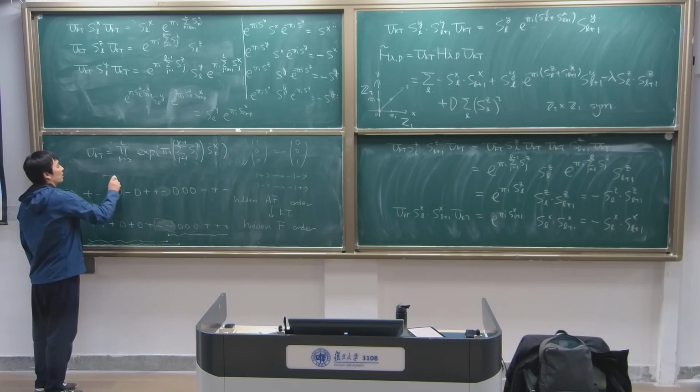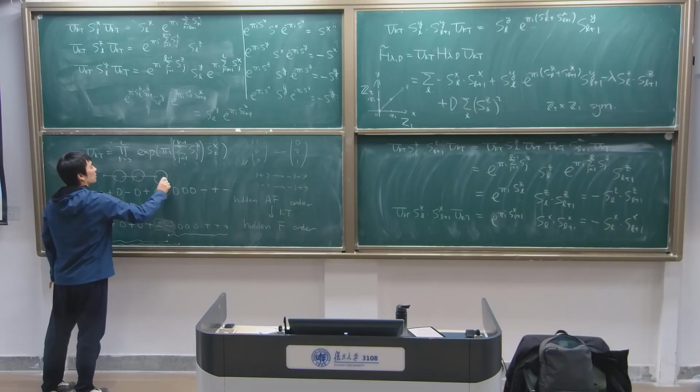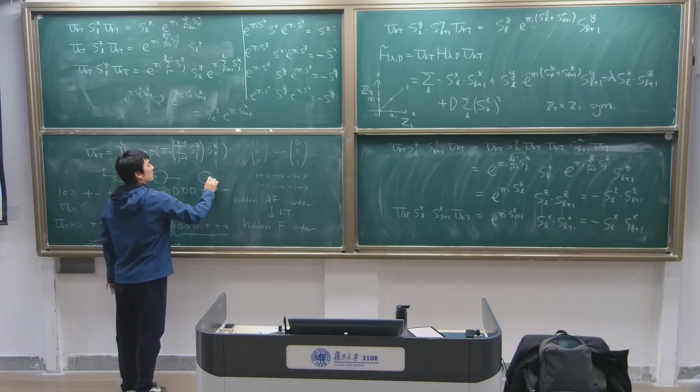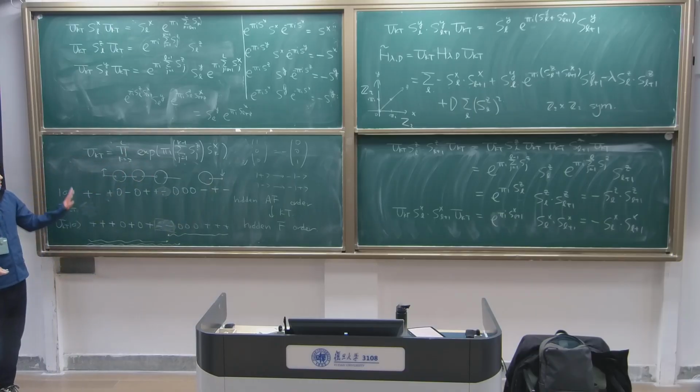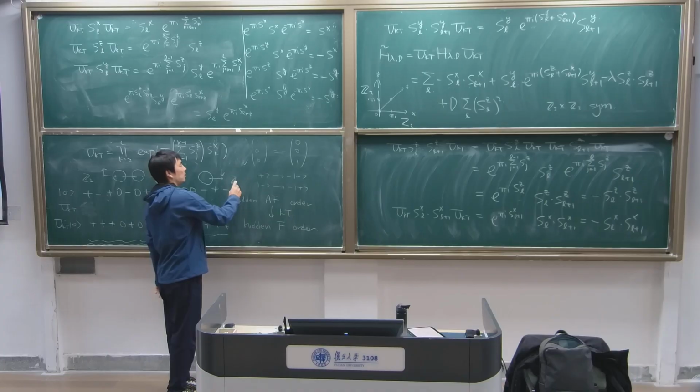So this AKLT valence bond state, you always have edge modes appearing at the end. Edge modes will appear. So this will give you a C2 freedom, and this is a C2 freedom.